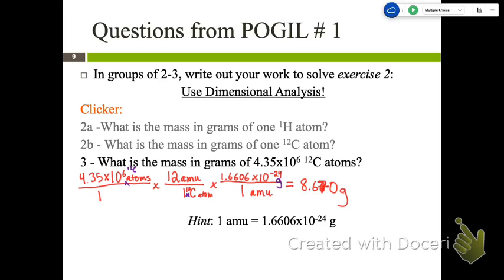Before you do any calculations, we should always make sure to think about what type of answer we are expecting. Is it big? Is it small? Supposed to be small. We have 10 to the 6th times 10-ish, which means 10 to the 7, and then 10 to the negative 24.